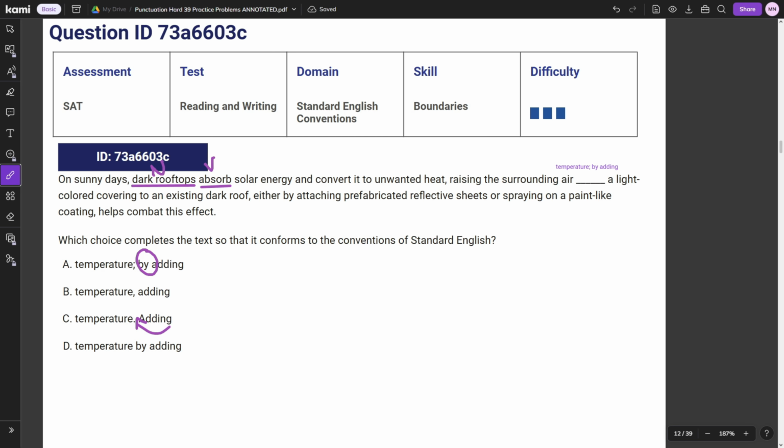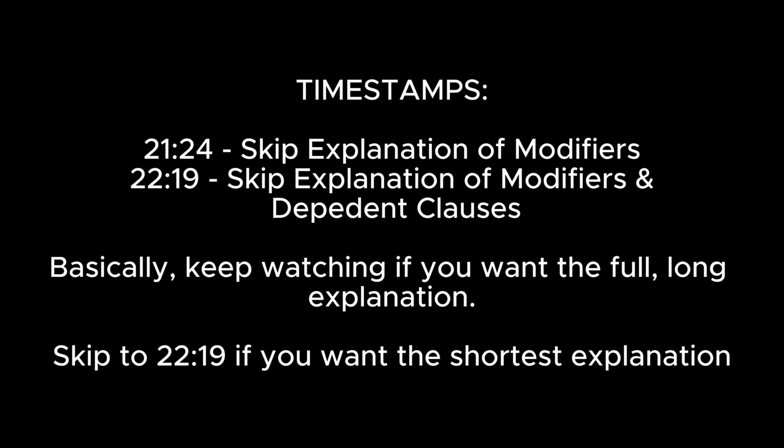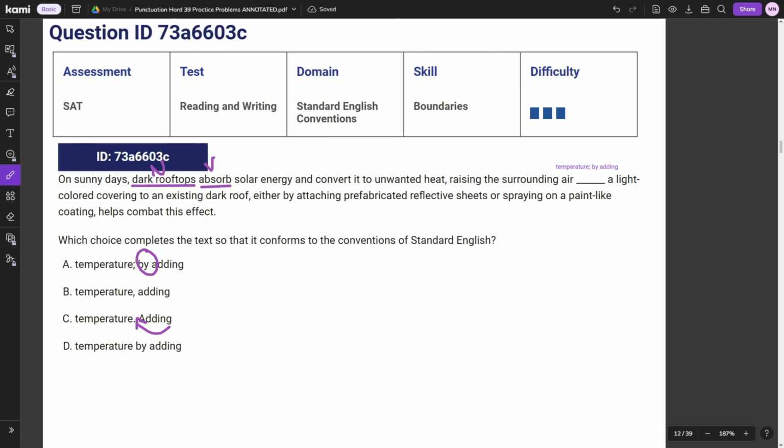Now let's look after the semicolon. The first thing you want to notice is at the very beginning of the sentence, we have the two words by added.